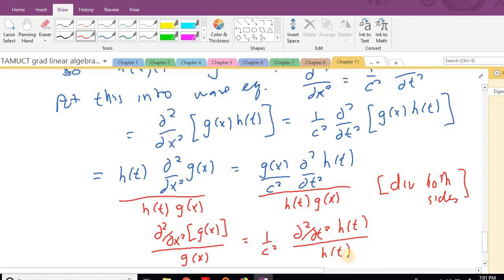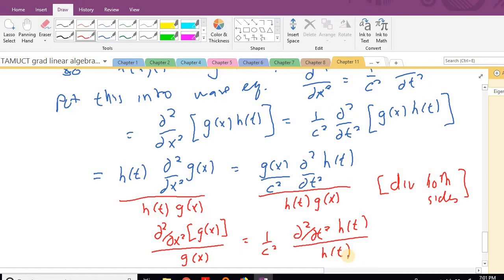All right, now, what is so amazing about this equation? This is a function of x. Only x. There's no t. This is a function of t. There's no x. What does that tell you?